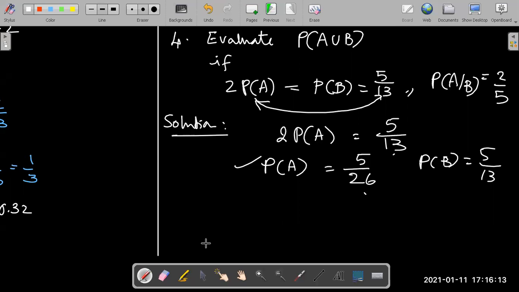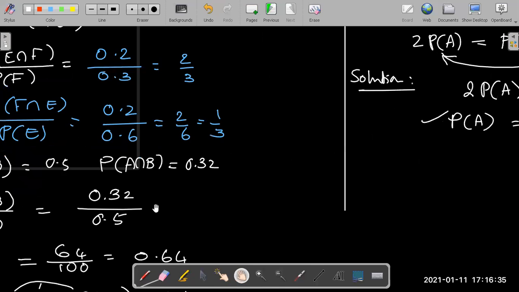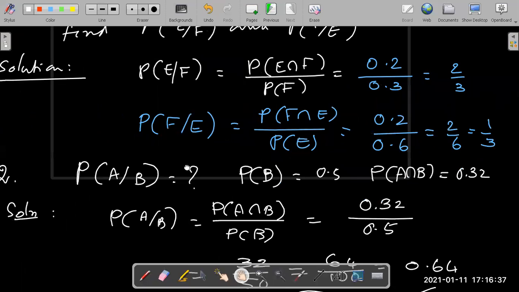Correct, 13 into 2. So you got P(A), P(B), and you also have P(A given B). So the first thing you need to do is use the same formula I have written here.